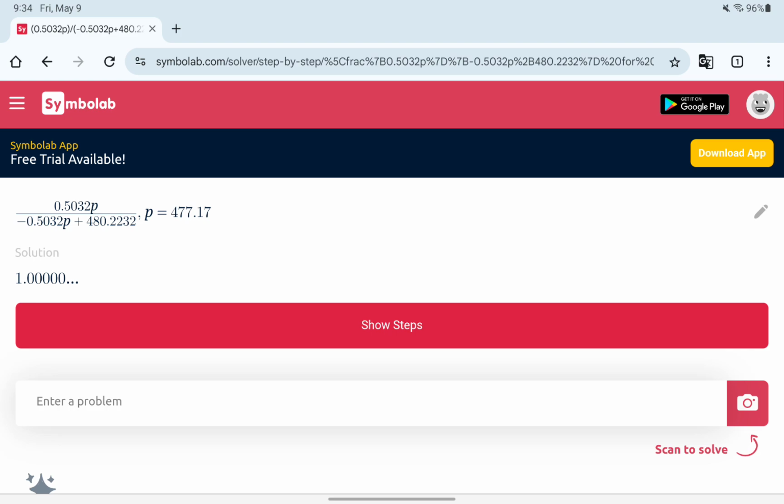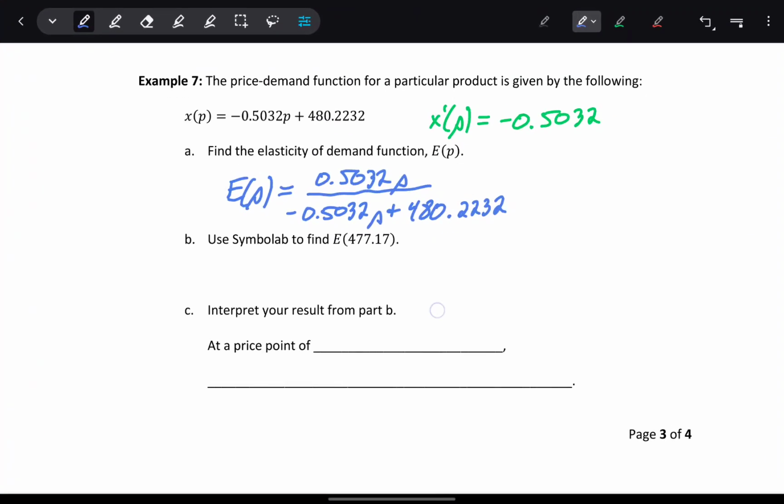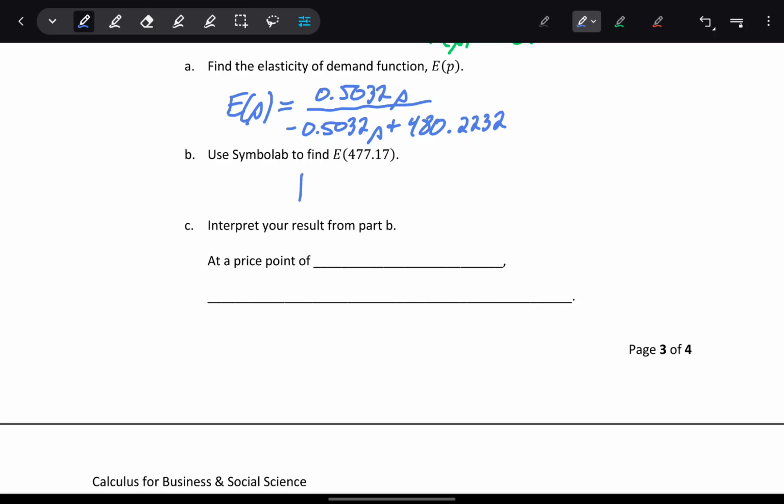And we get exactly 1. Since our value for elasticity is exactly equal to 1, that tells us that at a price point of $477.17, revenue is maximized.